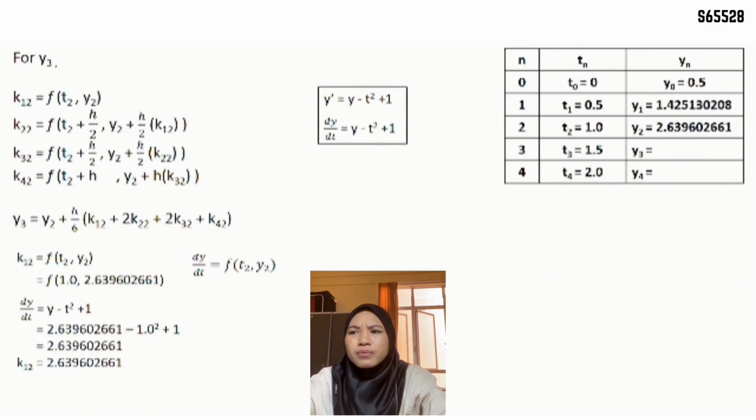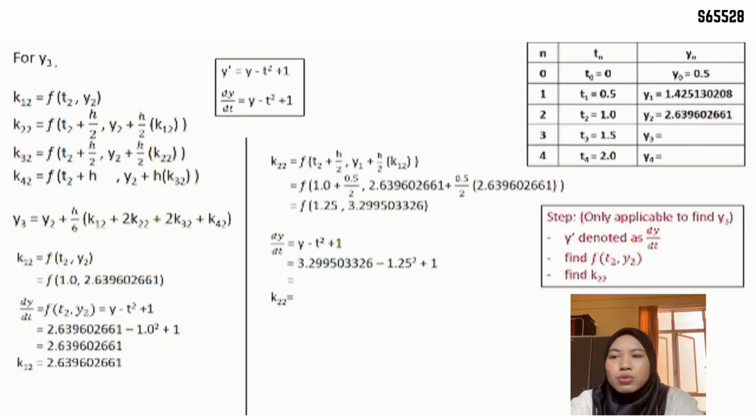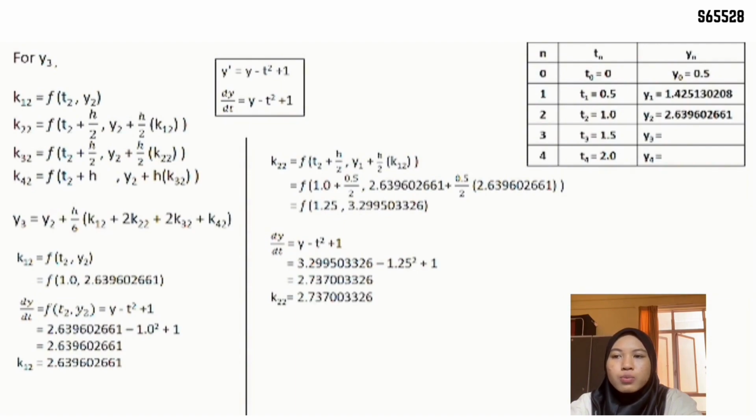2.63960261. And then we find the k22, and we substitute the value of t2, y2, and k12 in the formula, and we get the value of t, which is 1.25, and y is 3.299503326. And we substitute the value of t and y in the equation of y minus t squared plus 1, and we get the answer of k22, which is 2.73003326.